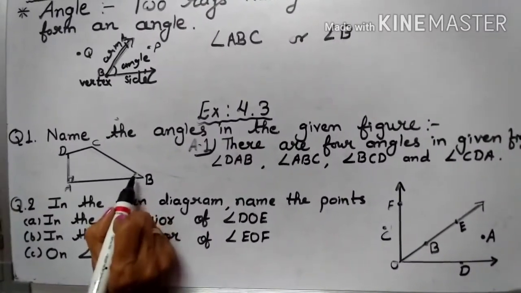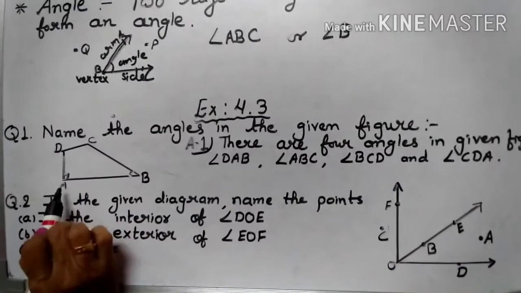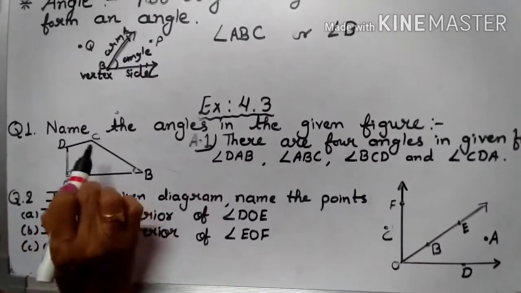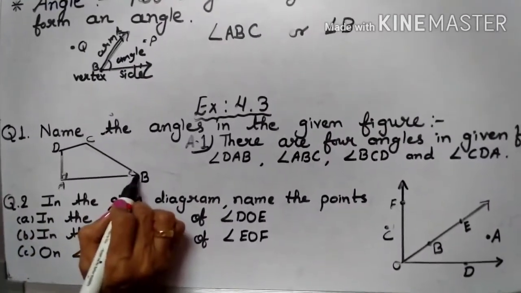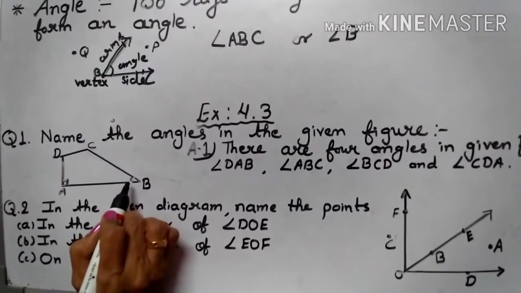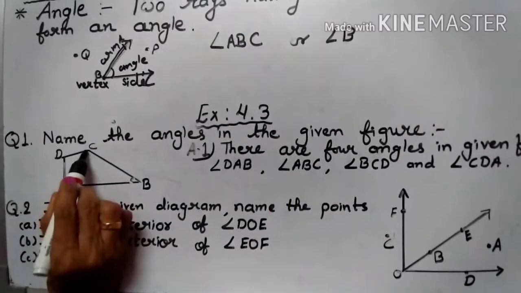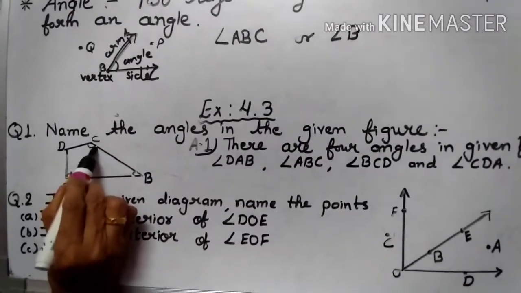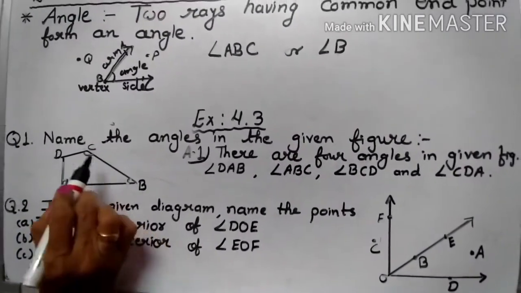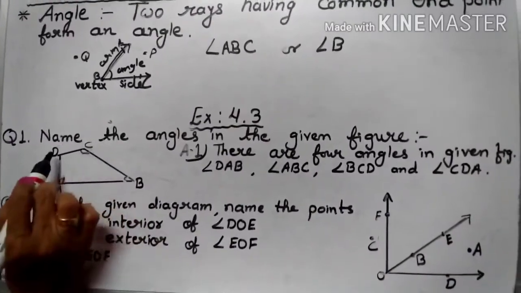Now our next angle is here. We can point out this. So we can write angle ABC. Here the vertex, the common point, I am writing as the middle letter. Angle ABC. Next angle is at C, angle BCD.